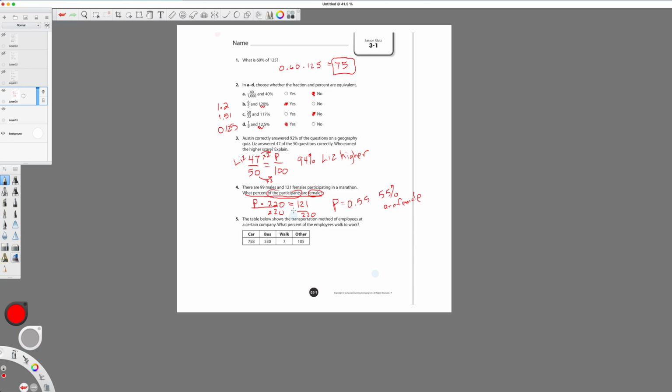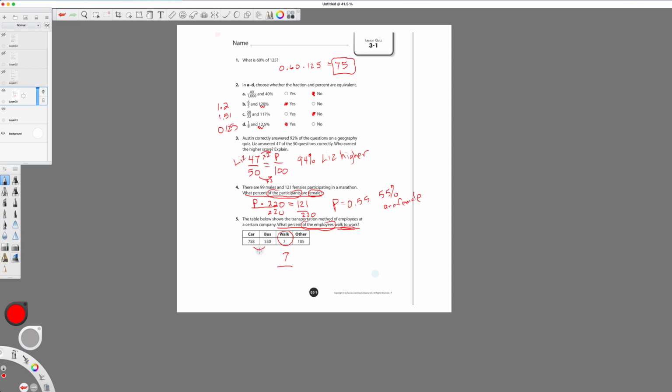Number 5, the question right here tells me the equation to write. I'll use a proportion on this one, but it's not a big deal. What percent of the employees walk to work? Well, we know how many walk, 7. The of goes down here in the denominator. The employees is the total of all of these.